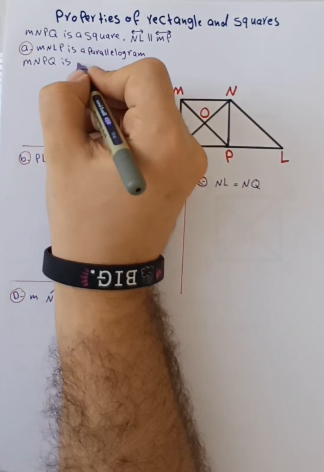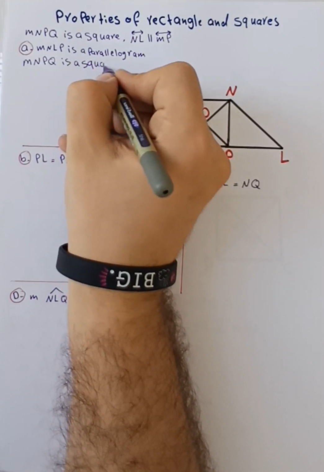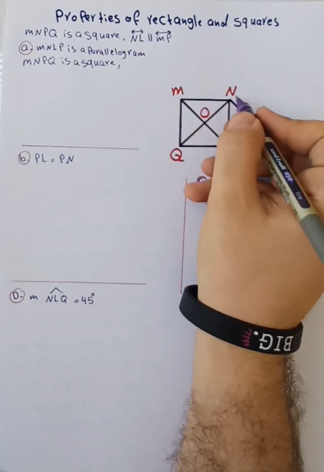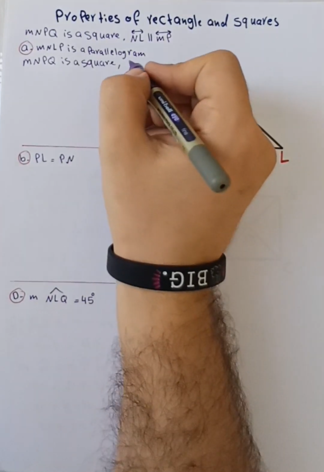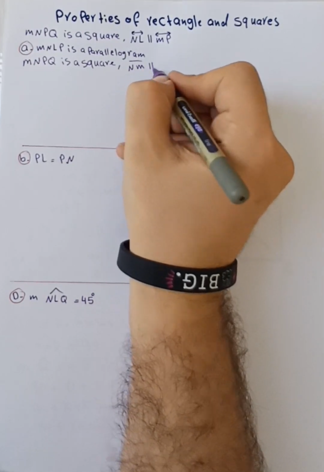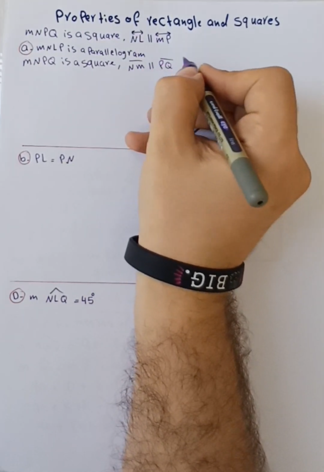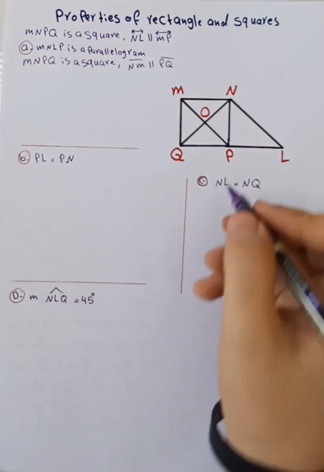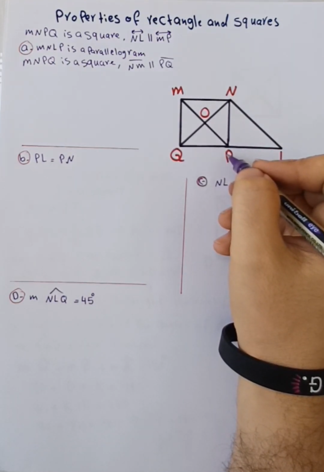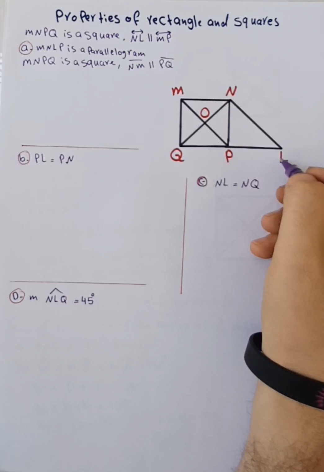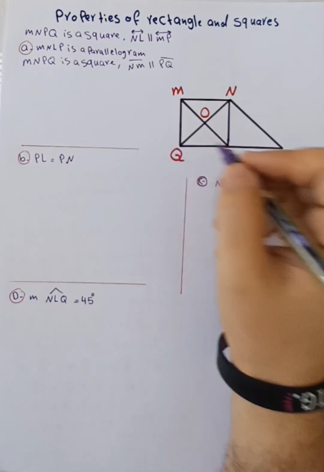MNPQ is a square, so we can say MN is parallel to QP, and PL is on the line PQ.